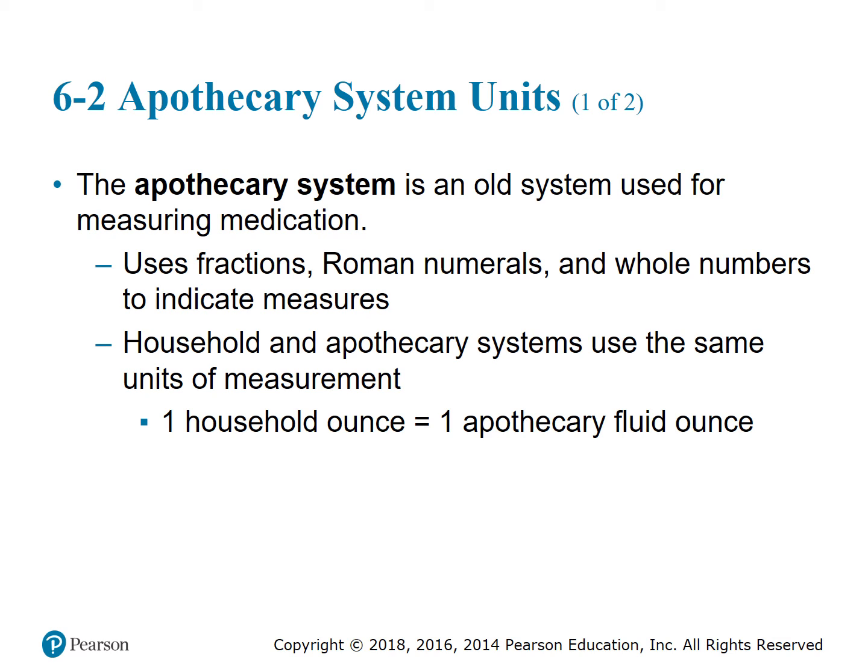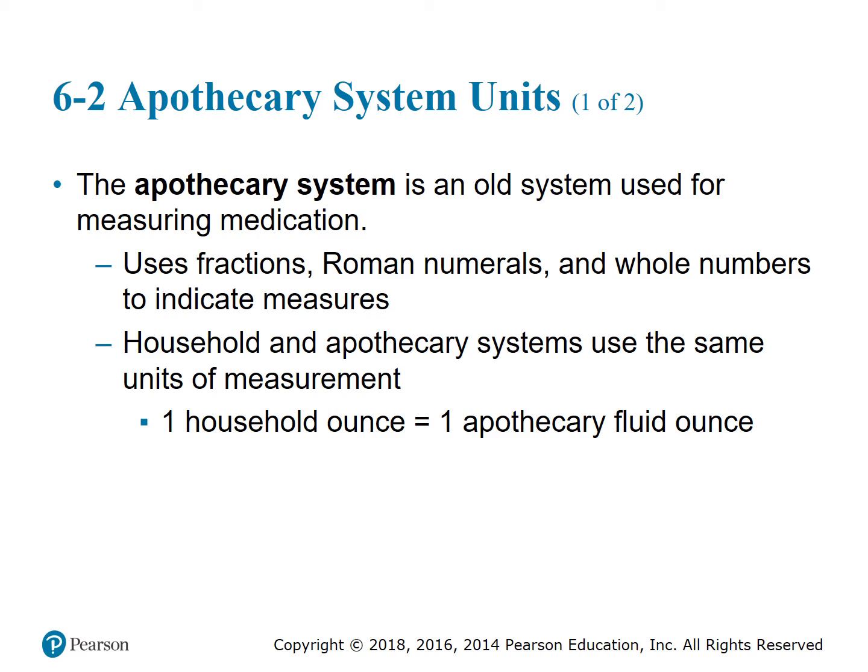Now, grains were traditionally used to measure certain medications like morphine and aspirin. The apothecary system used fractions, Roman numerals, and whole numbers to indicate measures. So today, the healthcare industry primarily uses whole numbers and decimal numbers to indicate amounts.